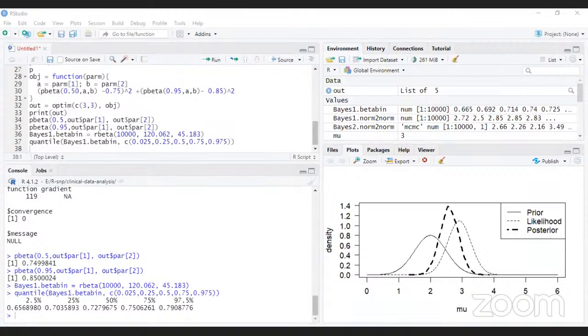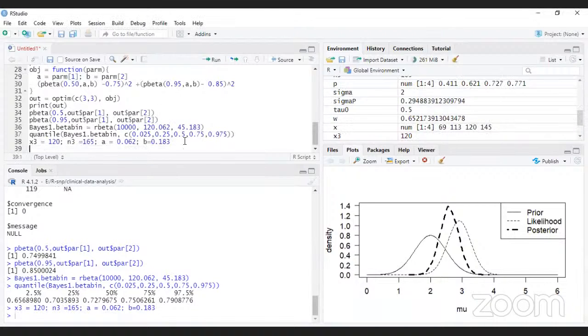So you are assigning the parameters. You're calling the MCbinomialbeta function for 10,000 simulations.